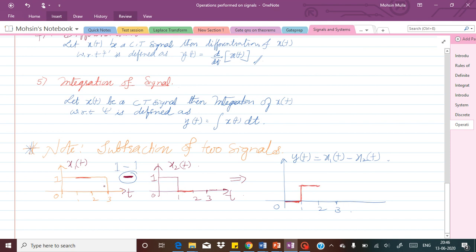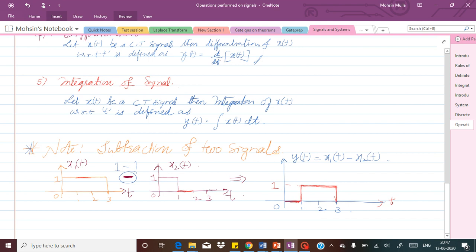The magnitude is 1 for the first signal and 0 for the second signal, so 1 minus 0 is again 1. So between the instants 1 and 3, we get 1. Therefore this is the new signal that we get after doing the subtraction of the two signals, x1 of t and x2 of t.